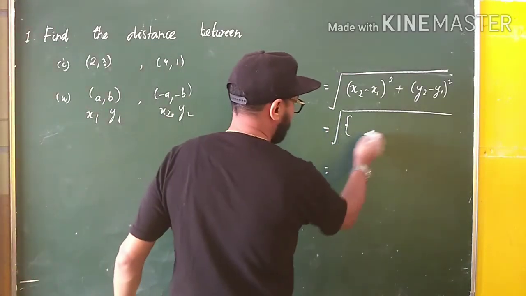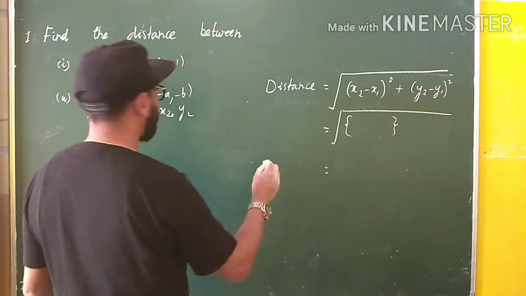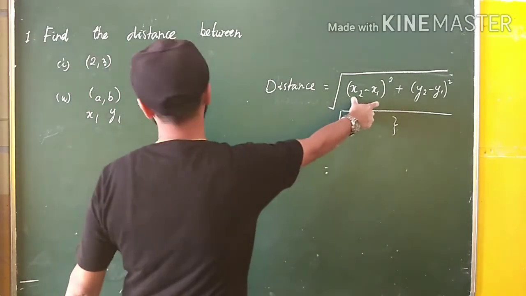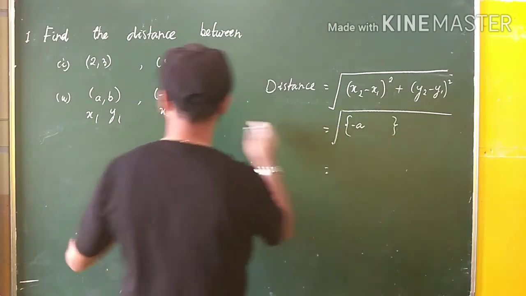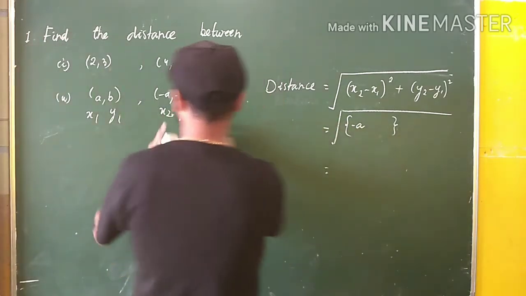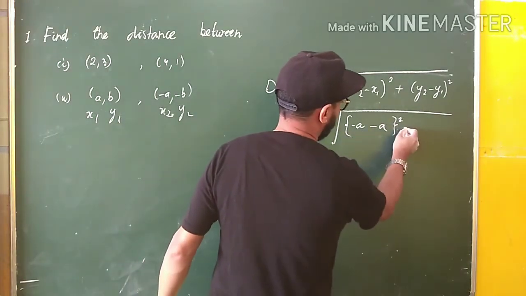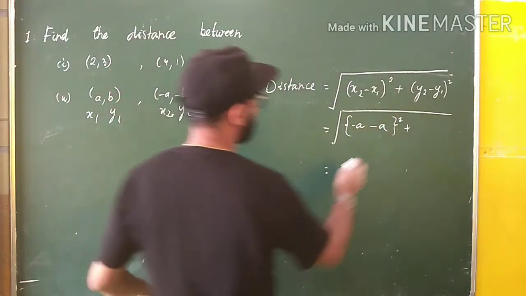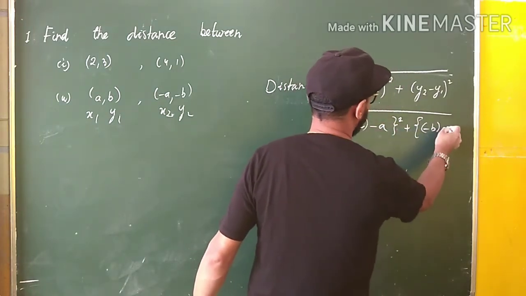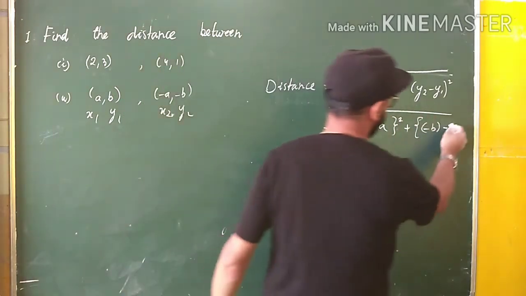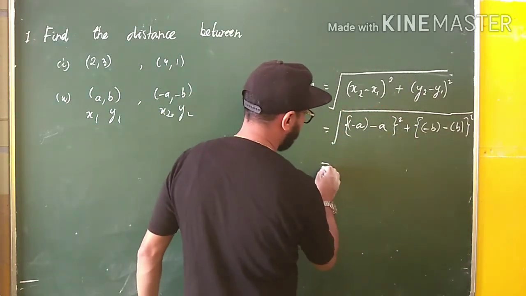Whenever the values are negative, try to use brackets. Here x2 is minus a and x1 is a, and y2 is minus b and y1 is b. So let's do the calculation.